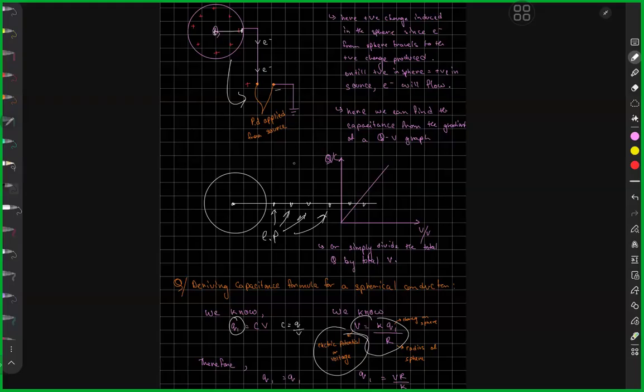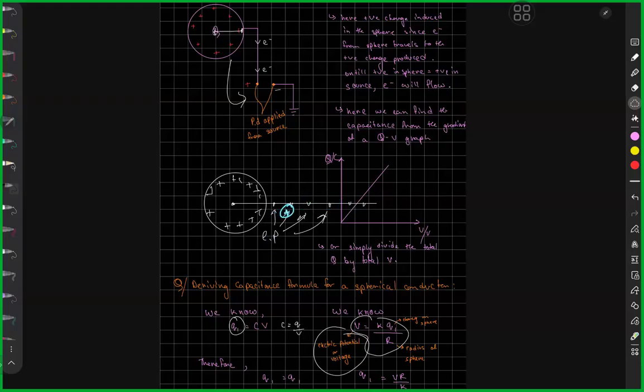Let's say I'm bringing a test positive charge, 1 coulomb of charge, and this is a positively charged spherical conductor. I do some amount of work in bringing it from infinity to over here. As I move it closer, more work done. Move it closer, more work done.